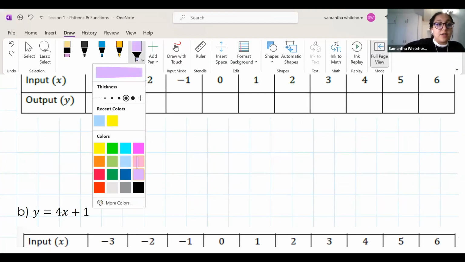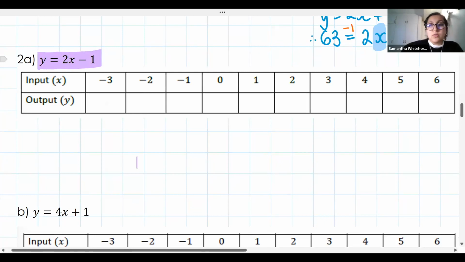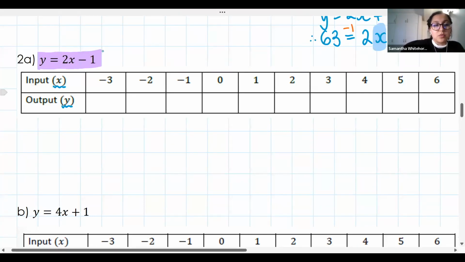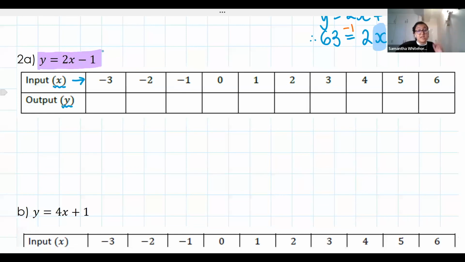I've given you the rule y is equal to 2x minus 1. Remember that in your table, you're working with an input x and an output y. In this case, I'm giving you all of the input values, so I'm telling you what the x values are. We need to find our output values using the rule.